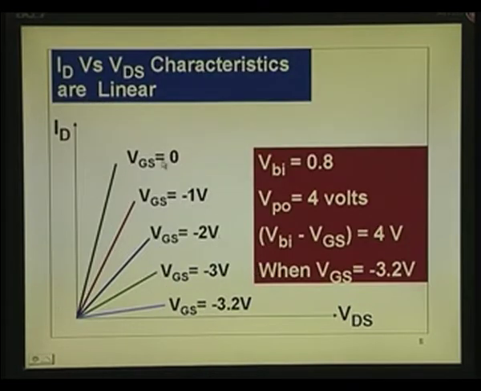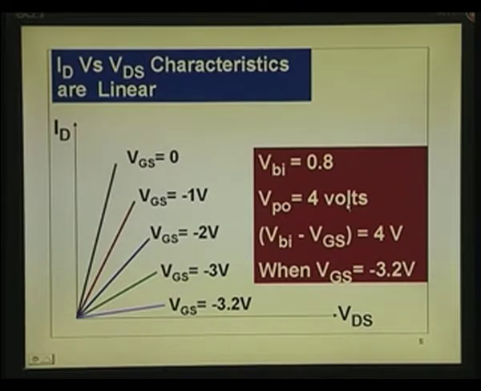So, VGS equal to 0. I am taking a typical case where VBI is 0.8 volts, the volt is missing there, 0.8 volts, Vp 0 is 4 volts. Okay.